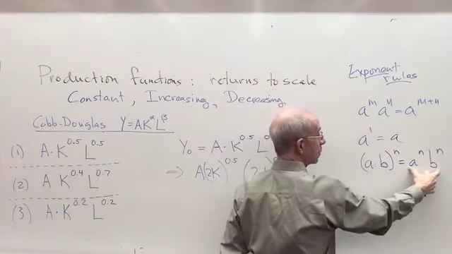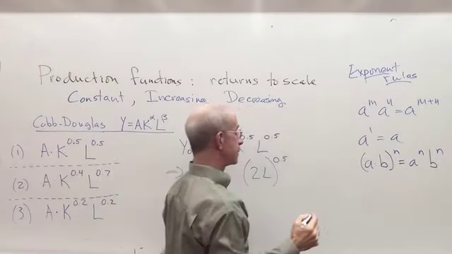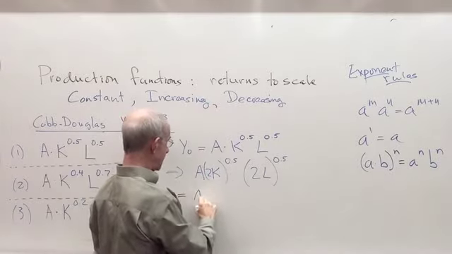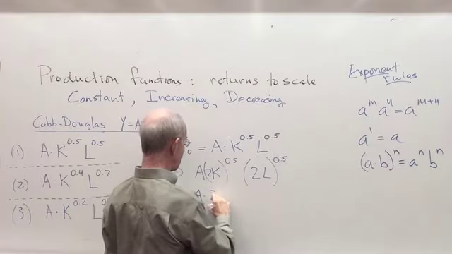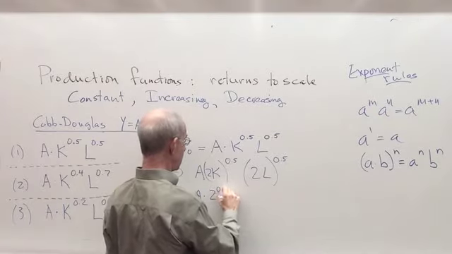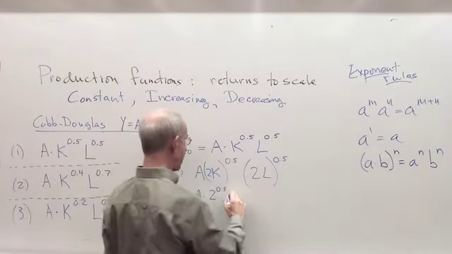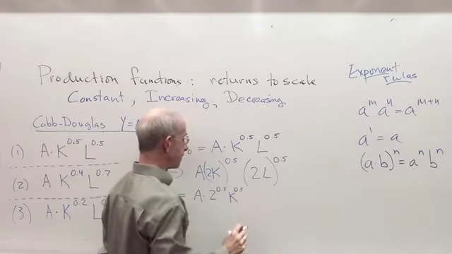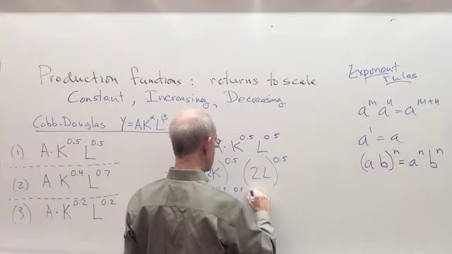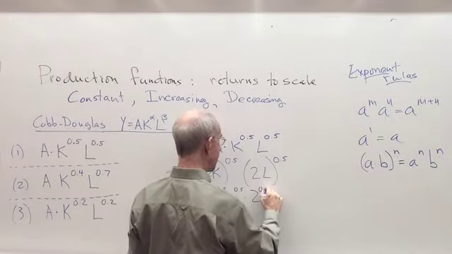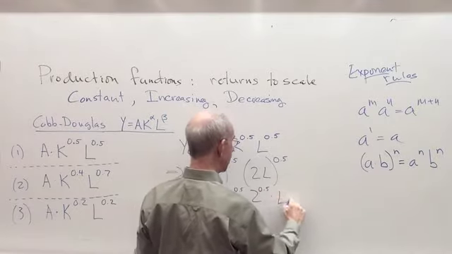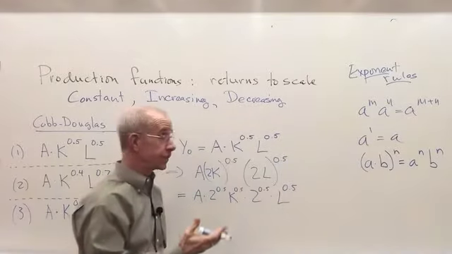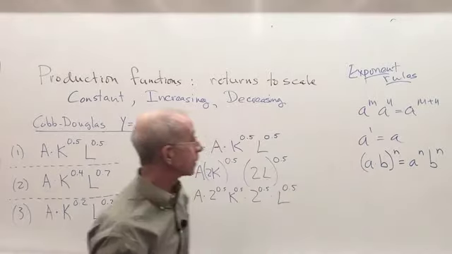So this rule number 3 seems to be relevant. So what I'm getting is A times 2 raised to the 0.5 power multiplied times K to the 0.5 power multiplied by 2 to the 0.5 power multiplied times L to the 0.5 power. Okay, so I've just used this last one.